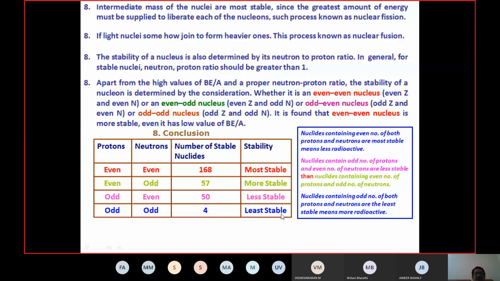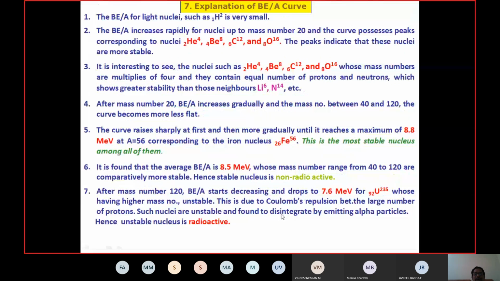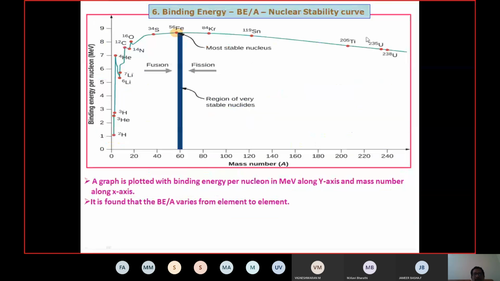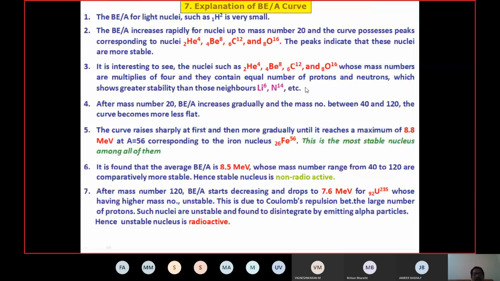Nuclear stability depends not only on the binding energy but also on the binding energy per nucleon. Nuclei whose mass number is a multiple of 4 have higher binding energy, so even light nuclei have higher stability than heavier ones. Another important criterion is radioactive versus non-radioactive elements.